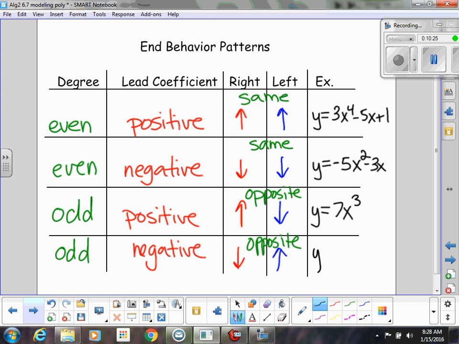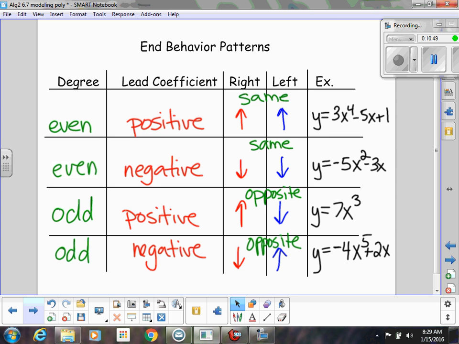And then for an odd degree and negative lead coefficient, let's say this is negative 4x to the 5th power plus 2x. Okay, so those are all examples of how the end behavior works.